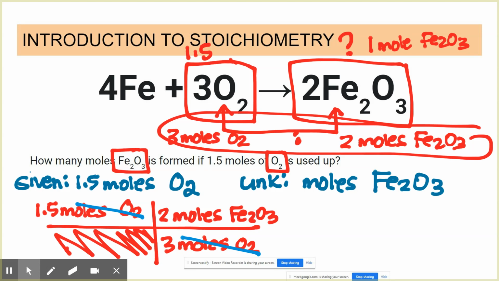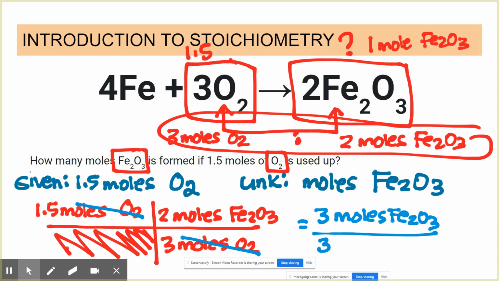You can multiply the boxes at the top. 1.5 times 2 gives me 3. And then write down whatever's left behind. Moles Fe2O3 over multiply everything at the bottom. It's just a 3. 3 divided by 3, the answer is simply 1. So the answer is 1 mole of Fe2O3.